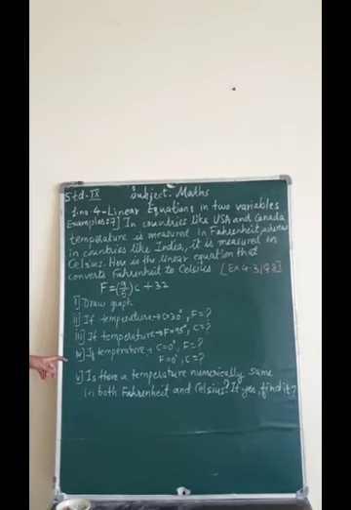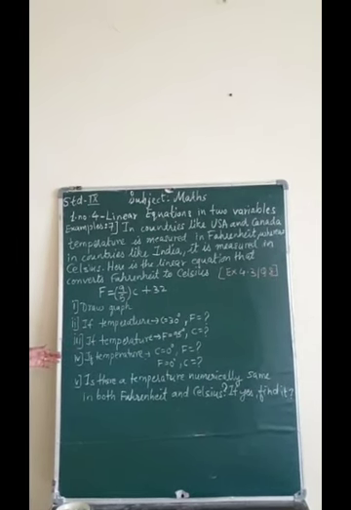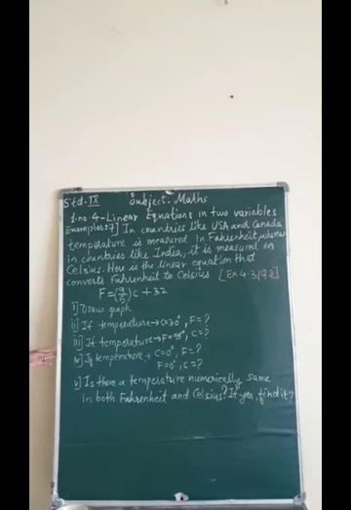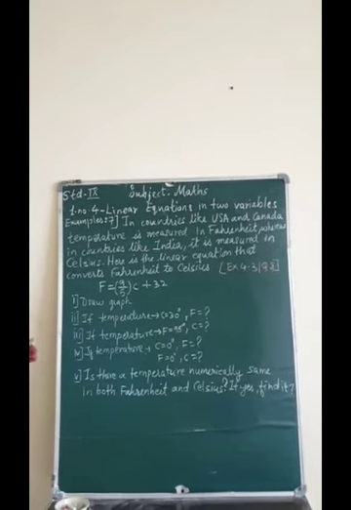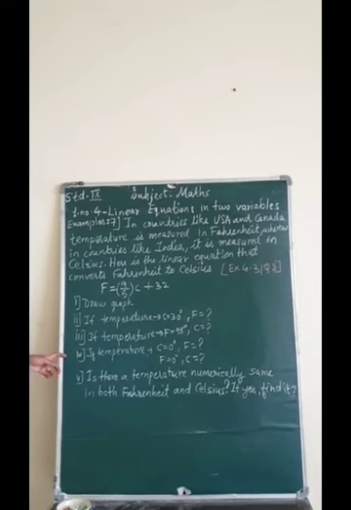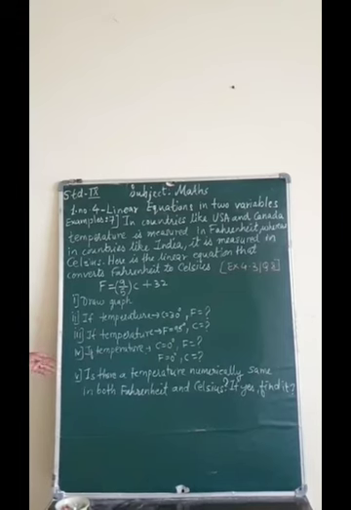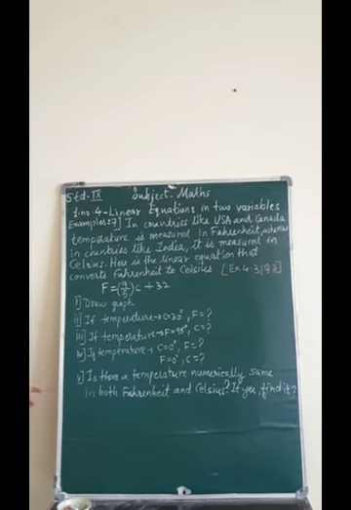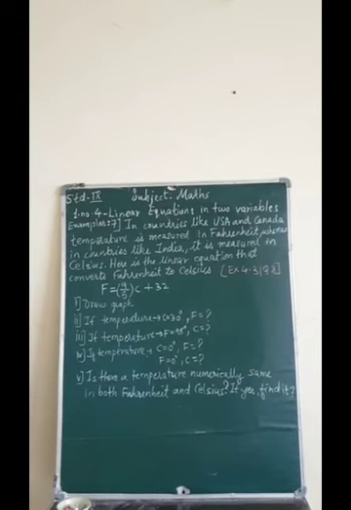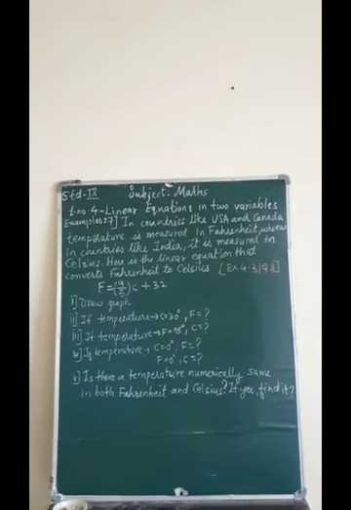Fourth question, if temperature in Celsius is 0 degree, temperature in Fahrenheit is equal to what? Then, if temperature is in Fahrenheit 0 degree, then temperature in Celsius is what? And lastly they have asked, is there a temperature numerically same in both Fahrenheit and Celsius?